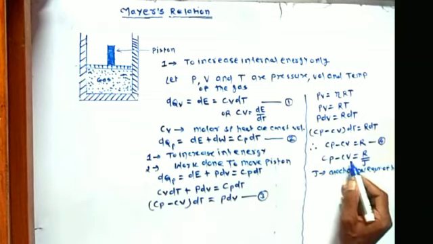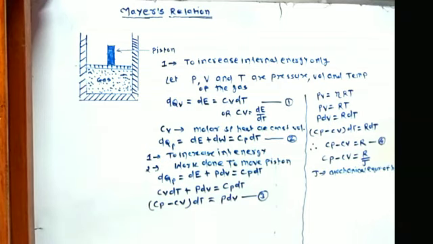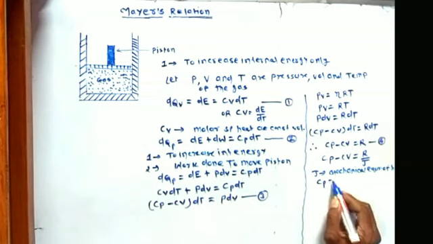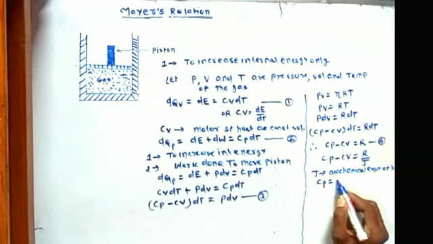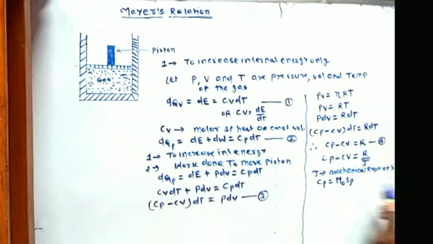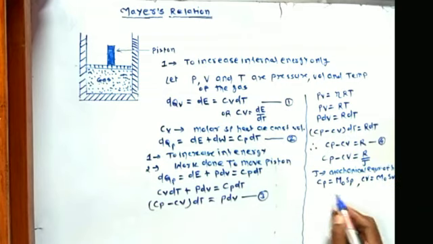This relation is also written in terms of principal specific heats, that is Sp and Sv. From the principal specific heat, the molar specific heat Cp is given by M0 Sp, and Cv is given by M0 Sv, where M0 is the molar mass.